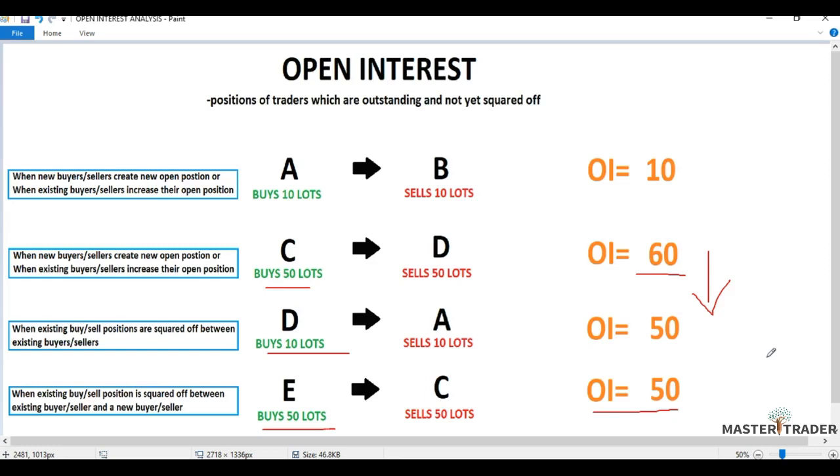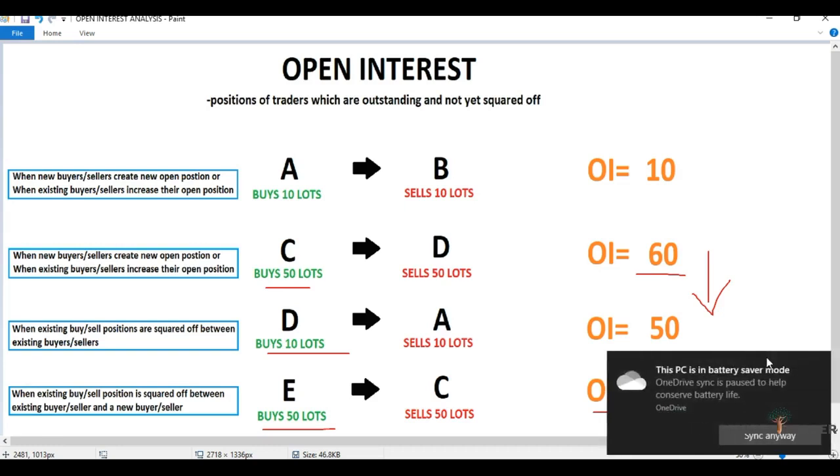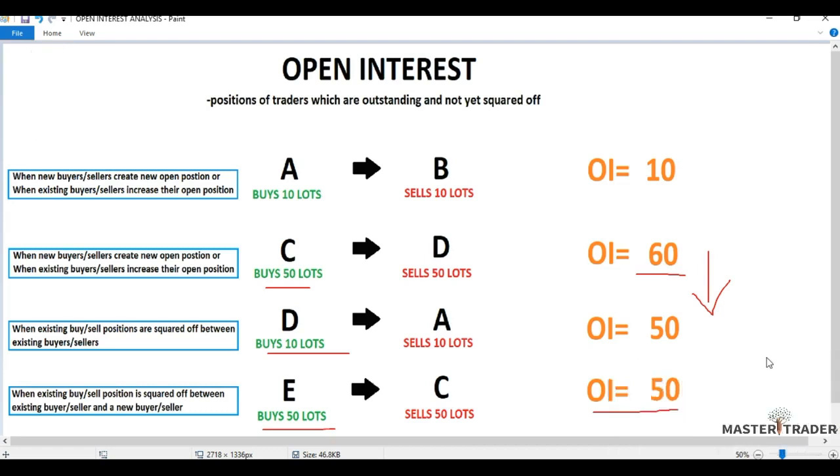So open interest is used in the index like Nifty, Bank Nifty, and their options, the calls and the puts, and also in stock futures and their call and put options. So this is not to be used in the cash market. This is to be used only for futures and options.